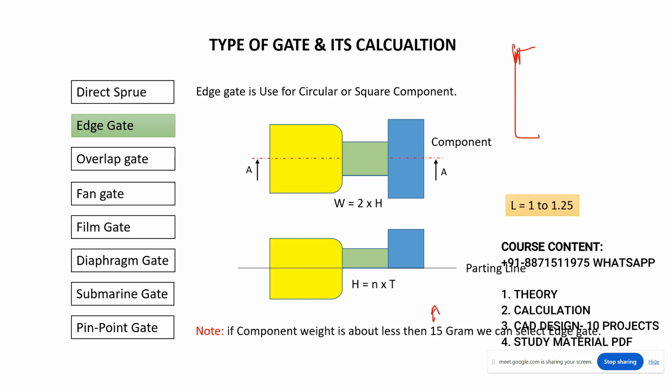For example, if we have a component like this shape, this is not square and not circular. It has a rectangular shape like this. The width is, for example, 50 and the length is about 120. Then can we use edge gate here? If we are using edge gate, what will happen here?